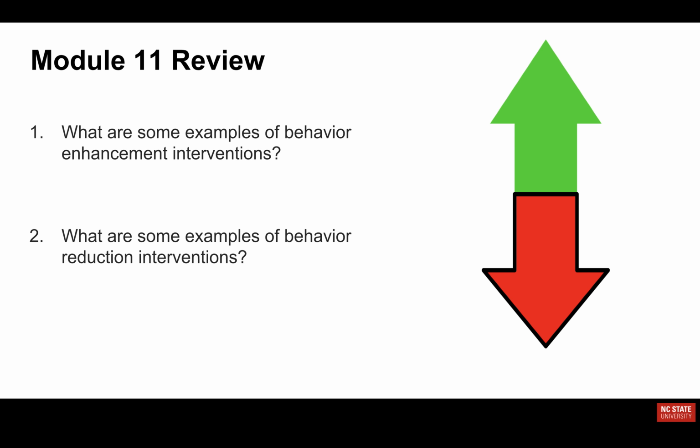So the first one is to maximize academic engaged time, and it's literally just what it says. You really want to spend as much time as possible keeping your students engaged in specific tasks. And I'm sure you can imagine why this is important. For students who have emotional behavioral disorders, if they are not engaged, they are often finding themselves in trouble, whether that is with peers or anxiety.